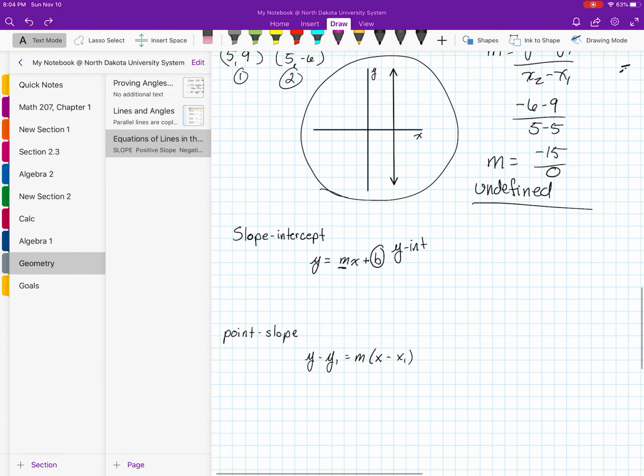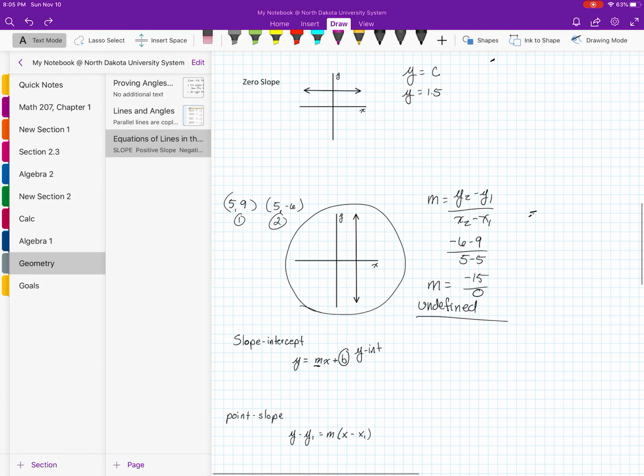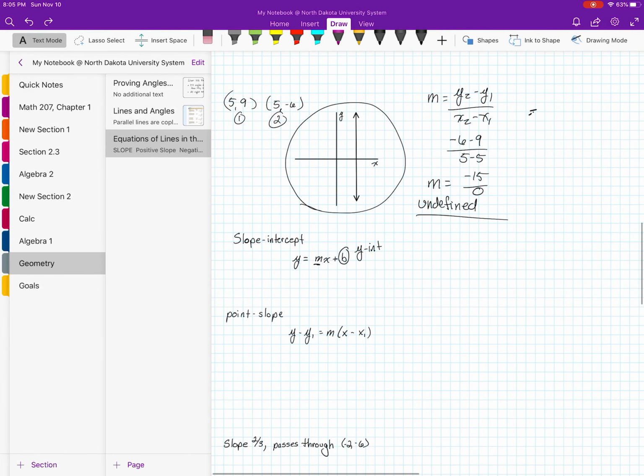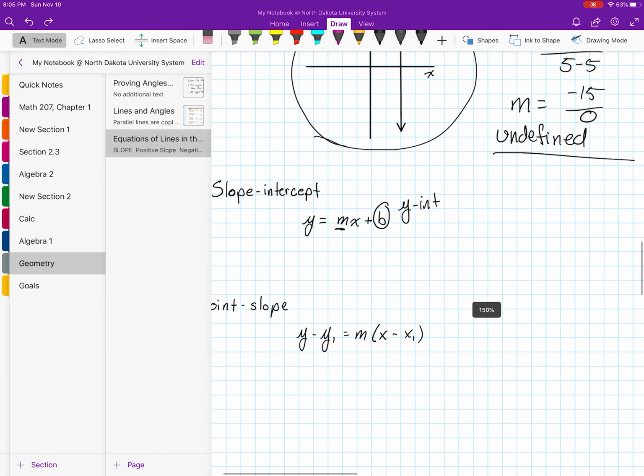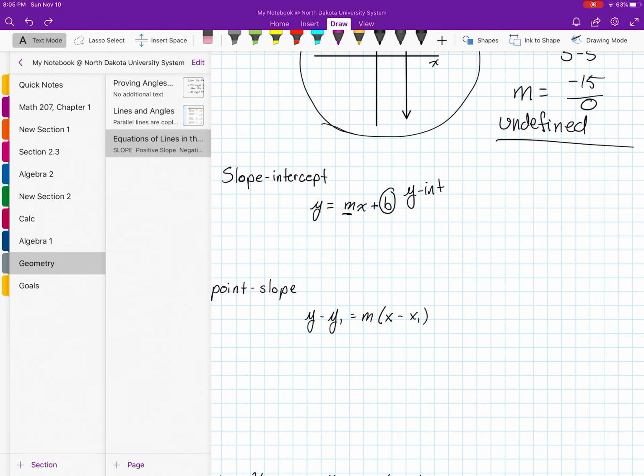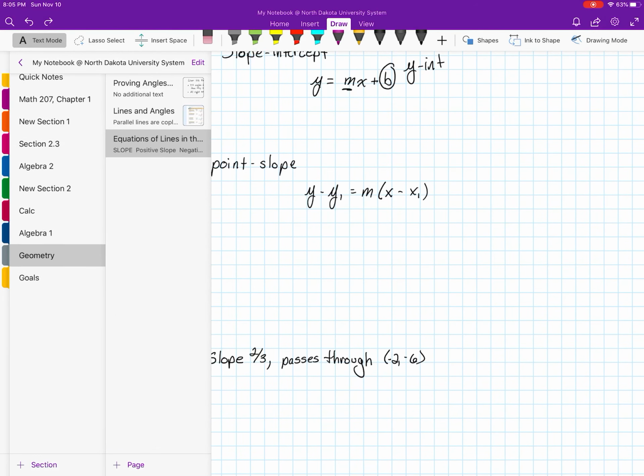And then point-slope. The slope-intercept form is useful for graphing. Point-slope is useful if you have a graph, creating an equation, or if you're given 2 points, creating that equation. So this is just y minus y1 equals m times quantity x minus x1. So let's do a couple of examples and hopefully it'll all come back.